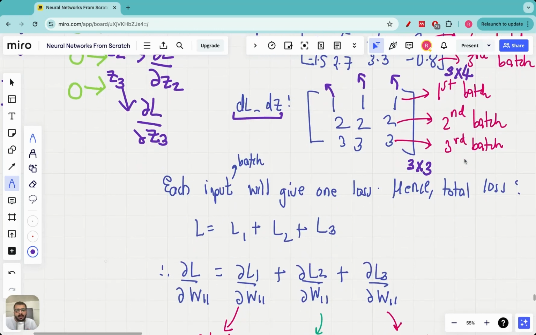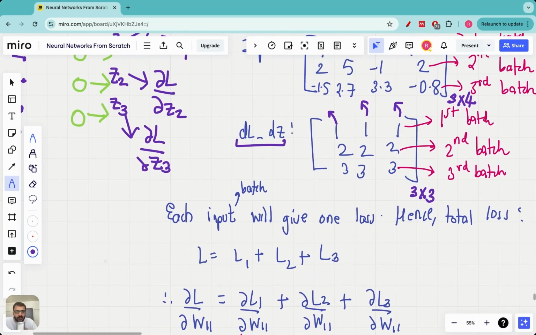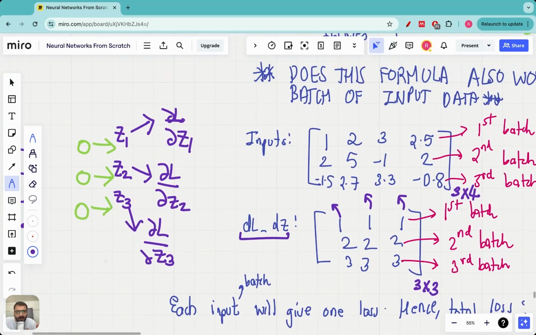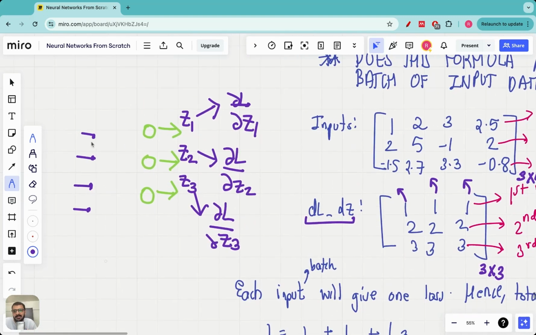Great. So now I want you to think of this. When we had only one batch of data which was incoming here, let's say only one batch of data, when we took the partial derivative with respect to, let's say this is W11, and this was X1, when we took the partial derivative of L with respect to W11, we multiplied the partial derivative with respect to Z1 by X1, right?